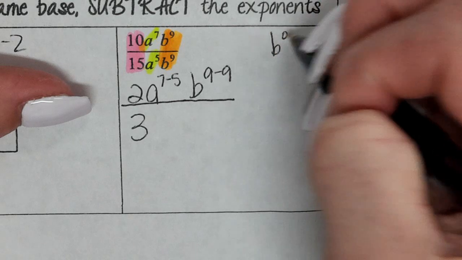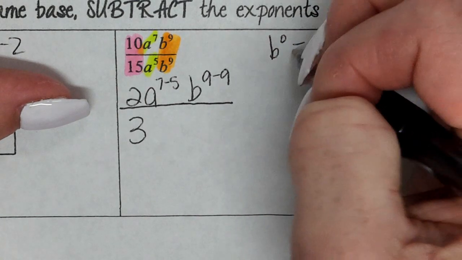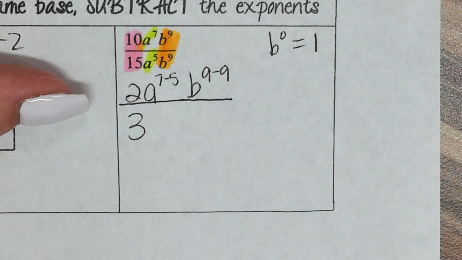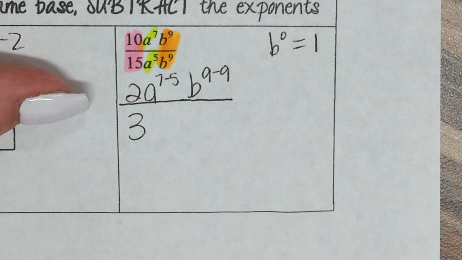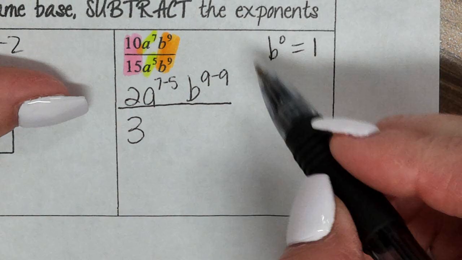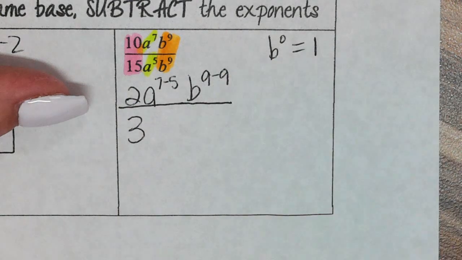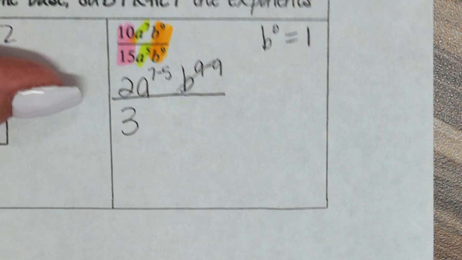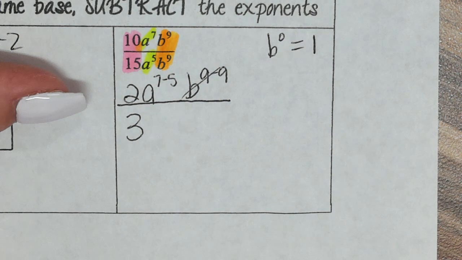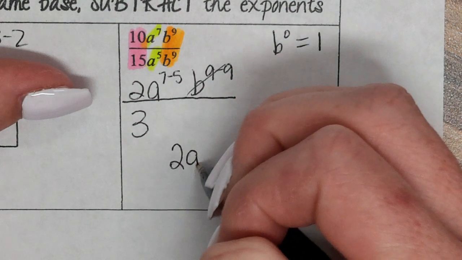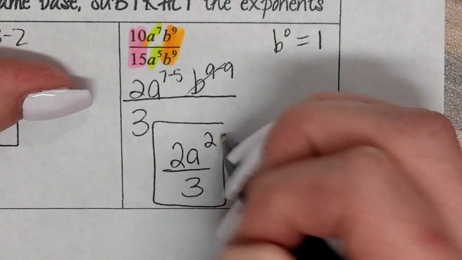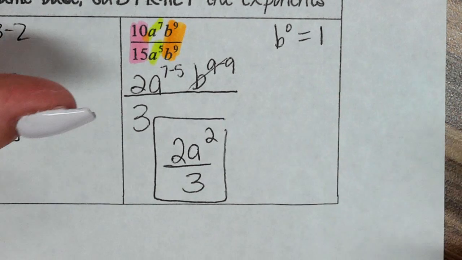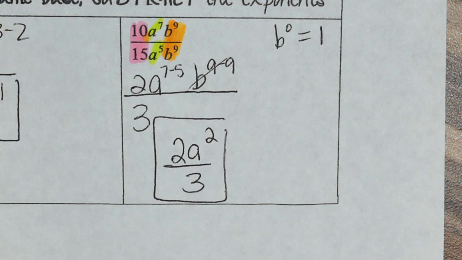And any time you have a power of 0, it cancels out and becomes 1. That's the rule. So 1 times anything is the other number, so it's just kind of gone. Make sense? All right, so I have 2a squared over 3. And the b became 1 because b to the 0 is 1, so we don't write it.